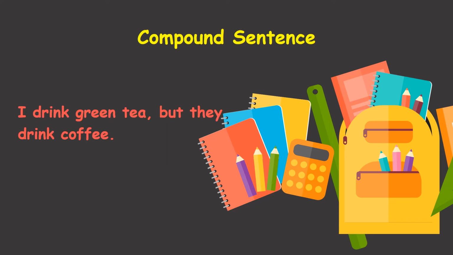Okay, now let's see this example. I drink green tea, but they drink coffee. So, can you see a comma and a coordinating conjunction here?